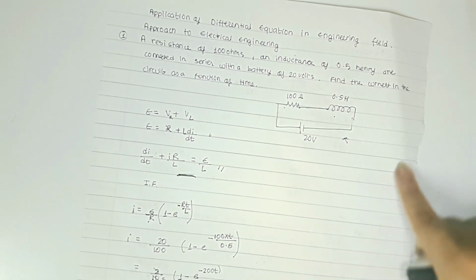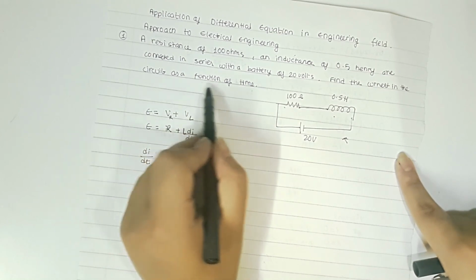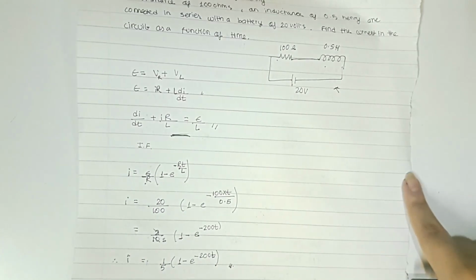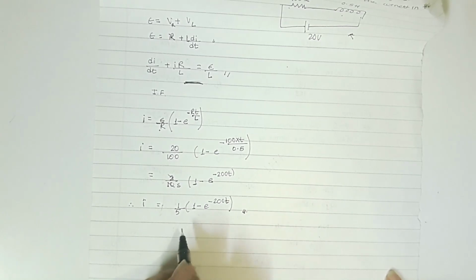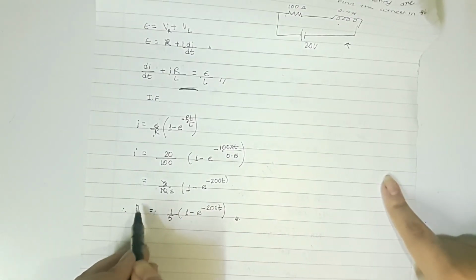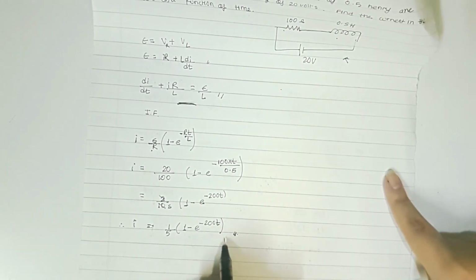So as you can see, we have found the current in the circuit as a function of time. So this is the required answer. So we have found the value of I as a function of time as required.